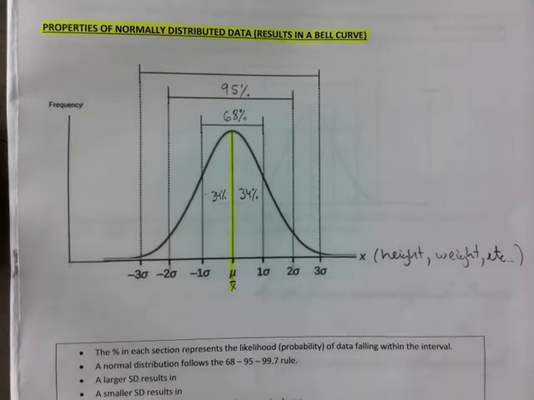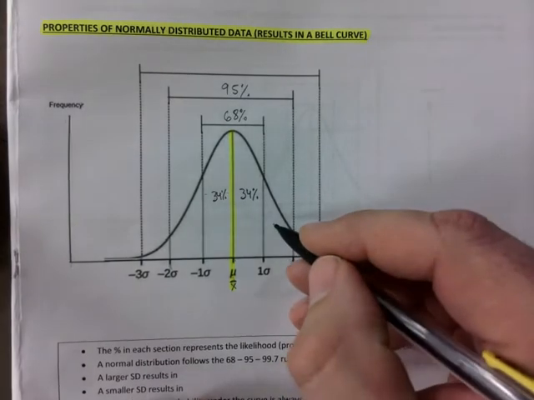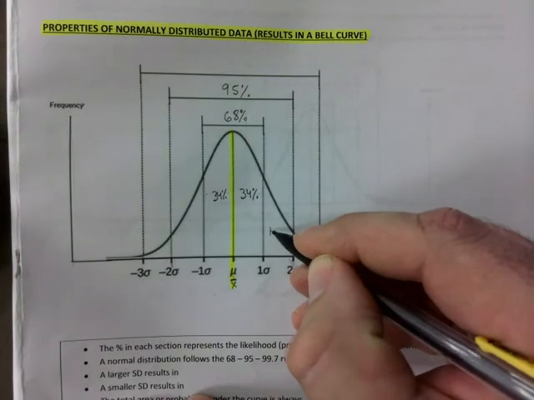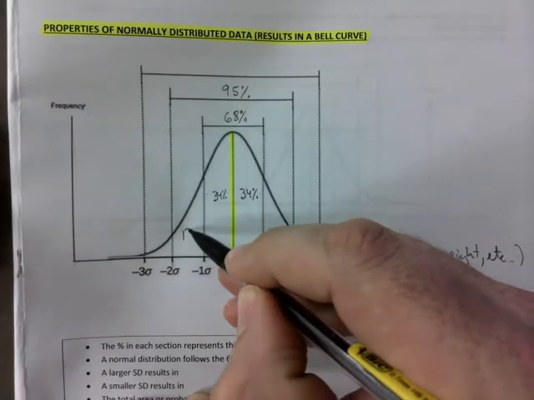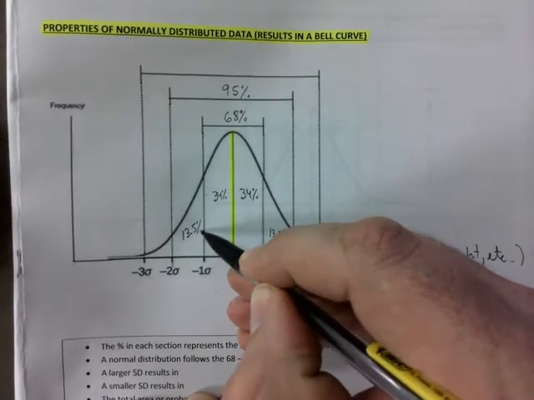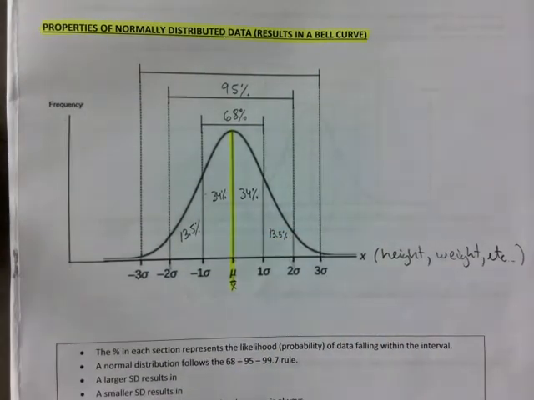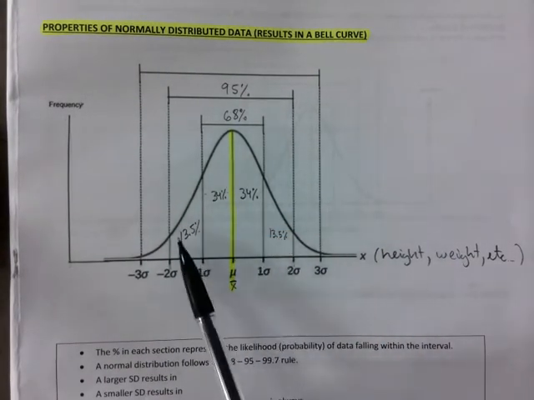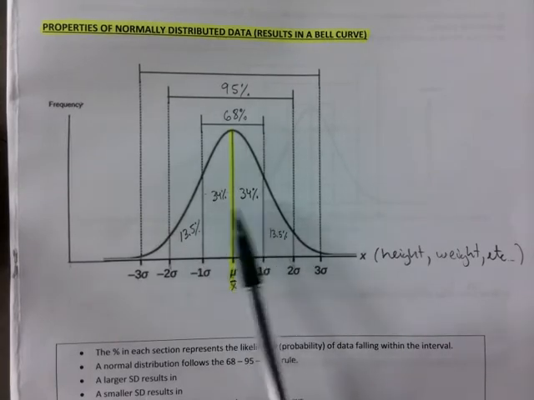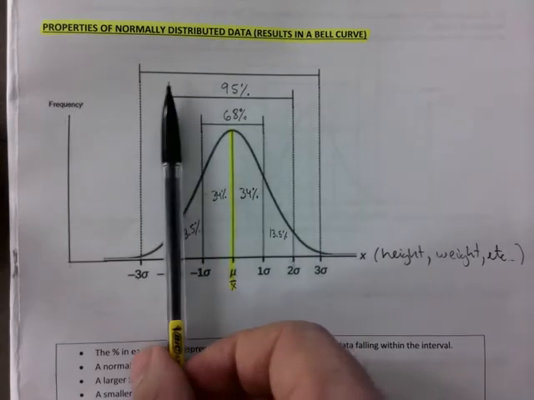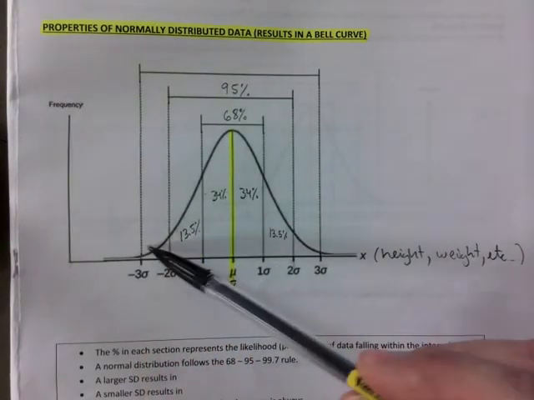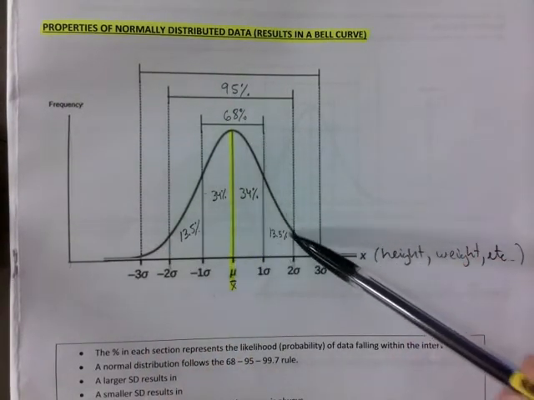Let me just give you the correct percentages. In this little bracket here it's 13.5, and this would be 13.5 as well. So if you think about it, this is 27 plus 68, and so it adds up to 95. This whole section, underneath the curve, I may add.